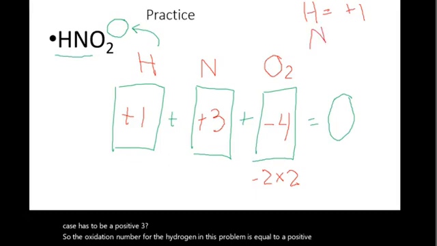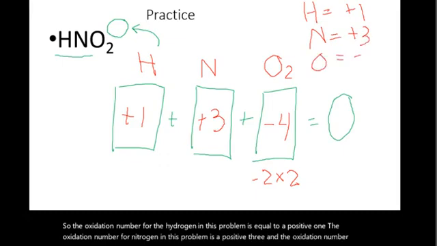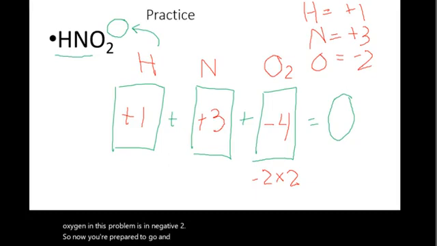The oxidation number for nitrogen in this problem is a +3. And the oxidation number for oxygen in this problem is a -2. So now you're prepared to go and work out your oxidation number equations that are found in your Google form.